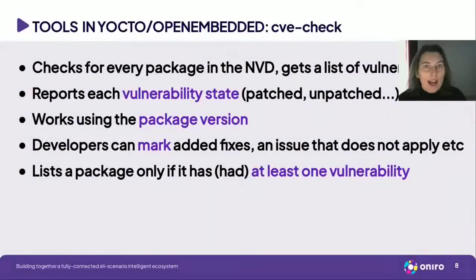We may also have a situation where a certain security problem affects only certain platforms, and if we are not building on that platform, it doesn't affect us at all. And the final thing, CVE check lists a package only if it has at least one vulnerability. It may be fixed or not fixed, but it has to be at least one.